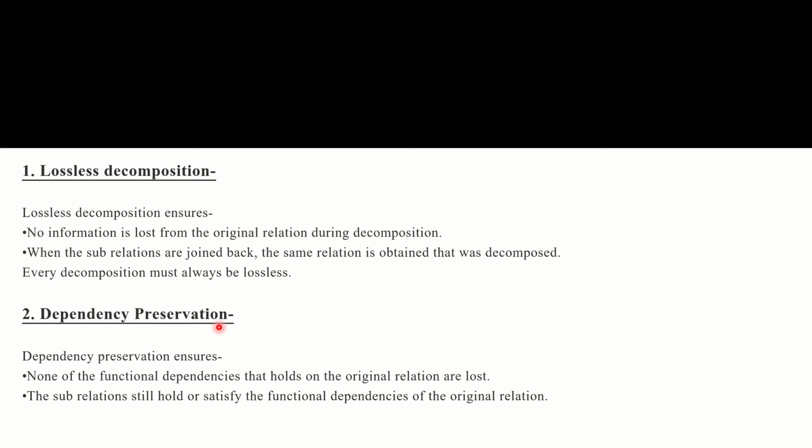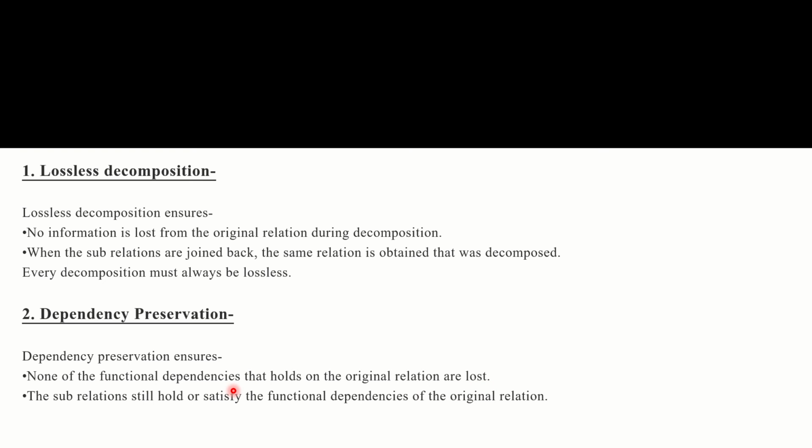The second property of a decomposition is dependency preservation. And what is the meaning of dependency preservation? It ensures that the functional dependencies that hold on the original relation are not lost. Okay, none of the functional dependencies.